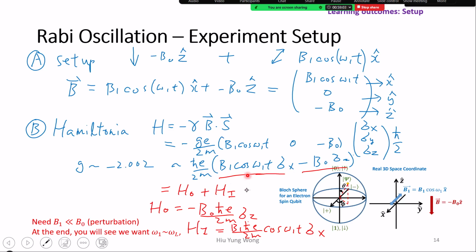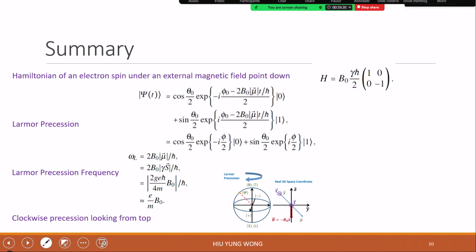So here I have two terms, right? This term minus this term. This term is negative B0 h bar e divided by 2m sigma z. Have you seen this before? Look at this. This is the Hamiltonian under, oh, maybe not this one.